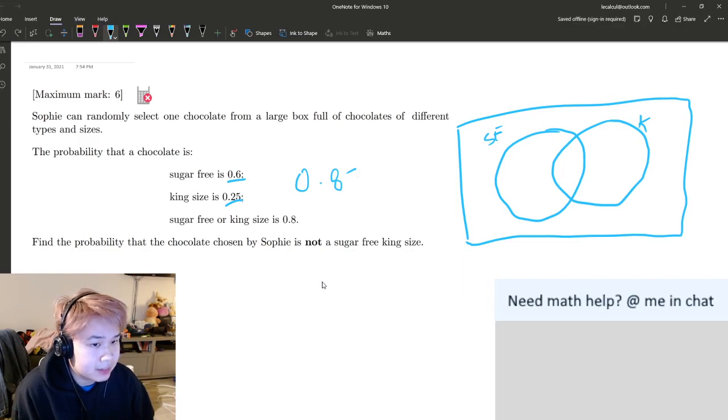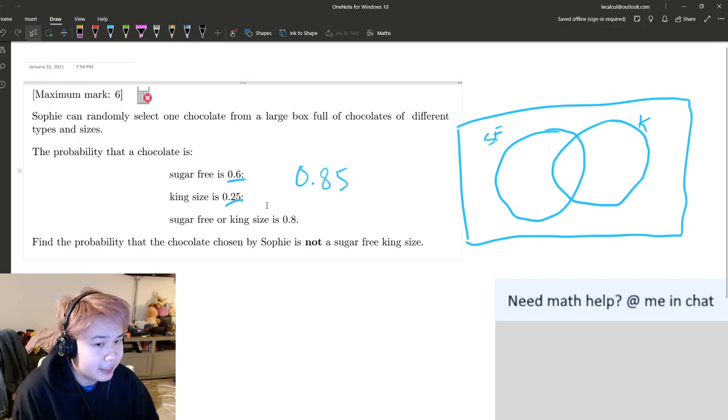So what that means is that there's an overlap, and some chocolates are both sugar-free and king size. Luckily, if this is 0.85, and we know that altogether it should be 0.8, then that means the overlap is 0.05.